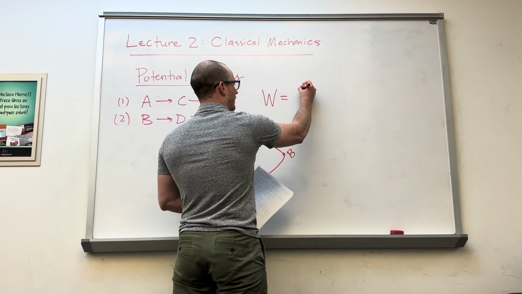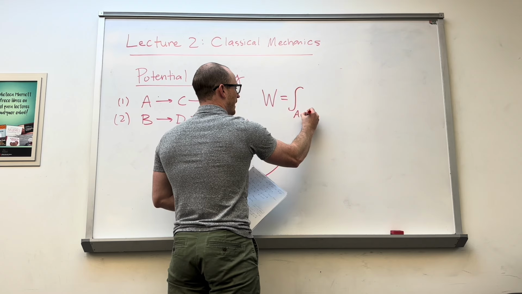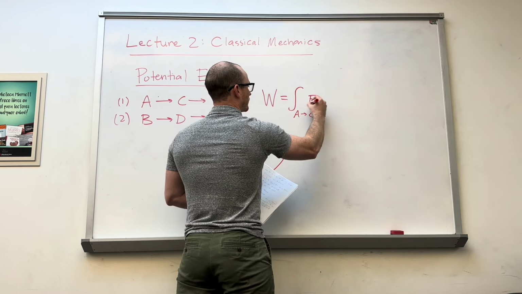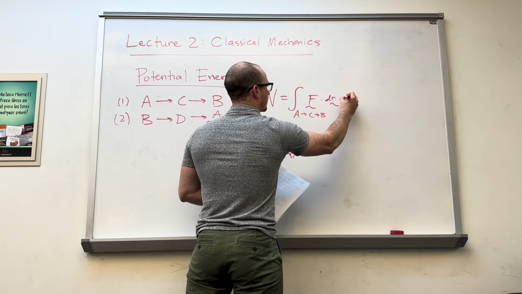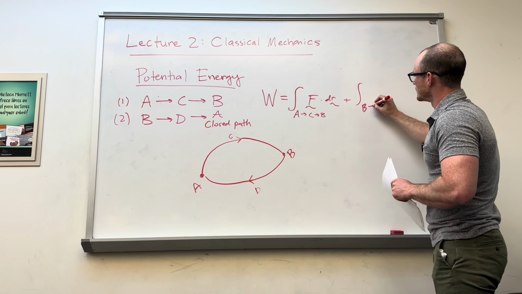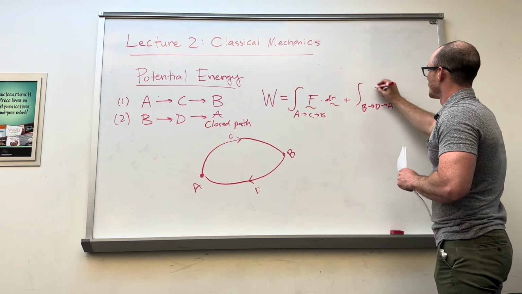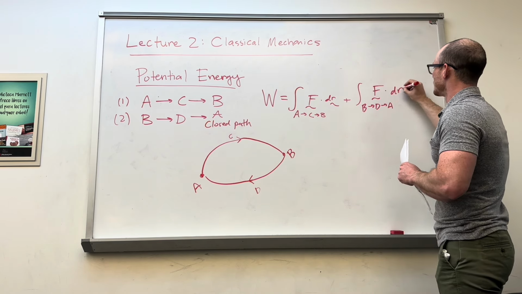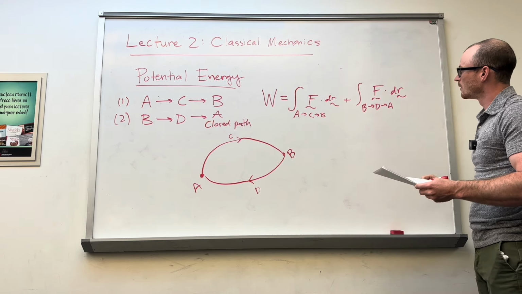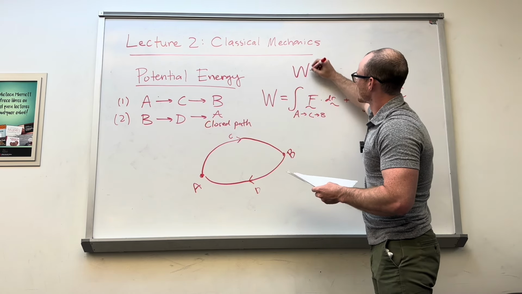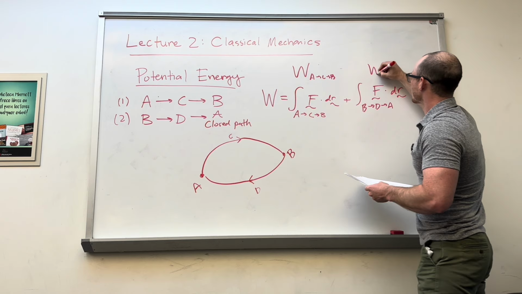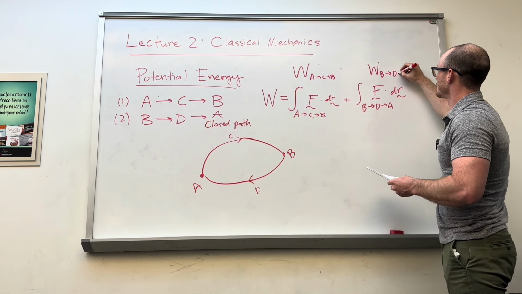That'll give us the work from A to C to B of f dot dr plus the integral from B to D to A of f dot dr. This is the total work, and these are just the work from A to C to B and the work from B to D to A.